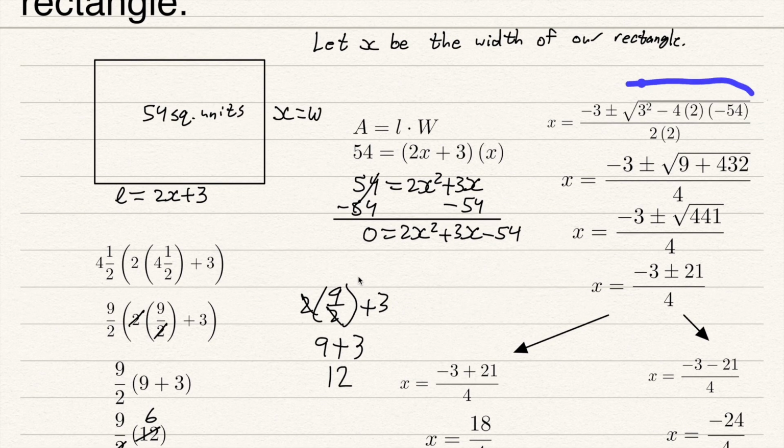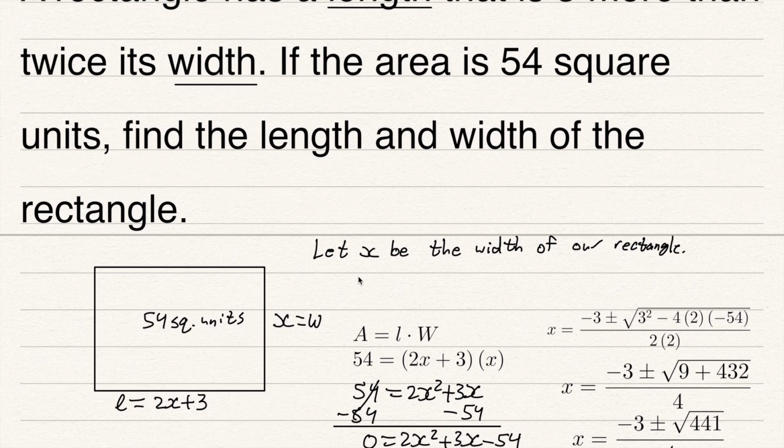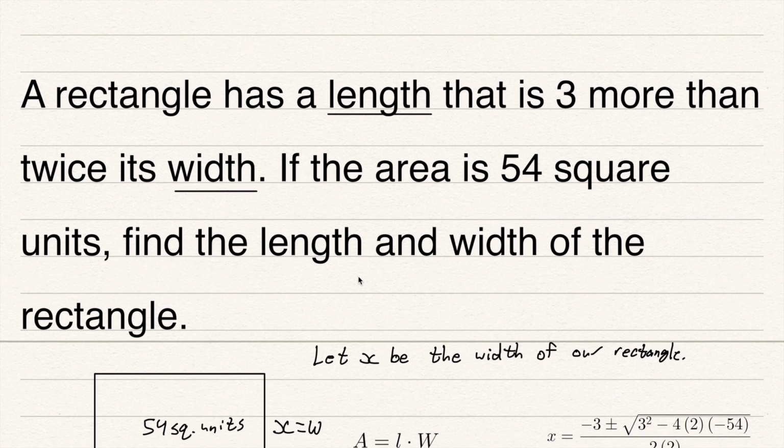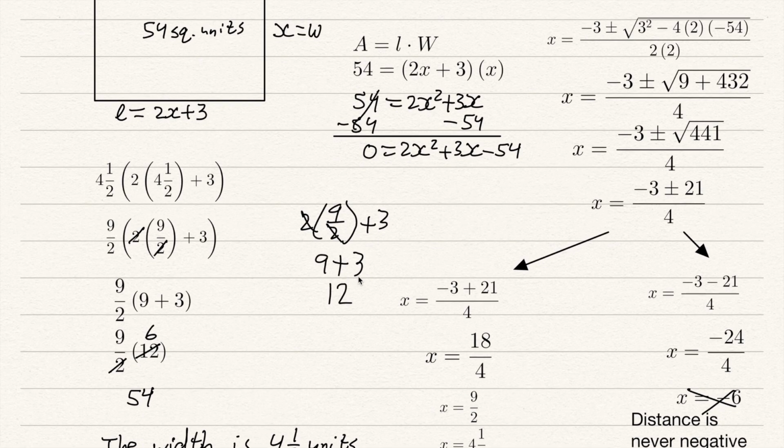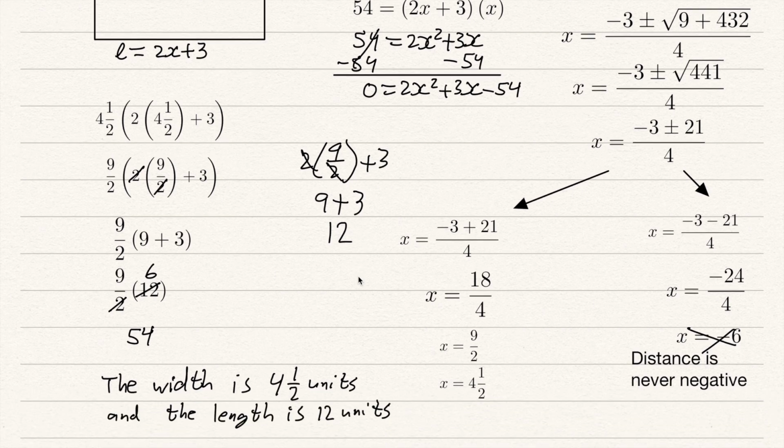We had to know our quadratic formula, or you might have been able to solve this. I believe you could do it by factoring as well, if you felt comfortable with that. And we always go back and check. So here we knew the area had to be 54, so we multiplied our length and our width. 12 times 9/2 is 54.